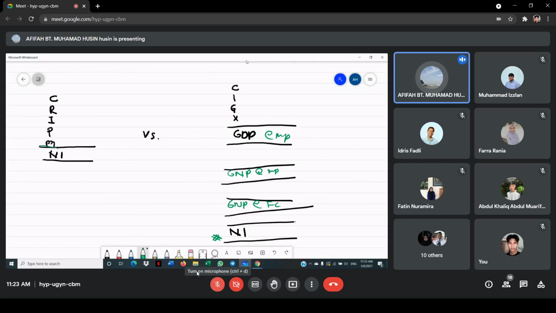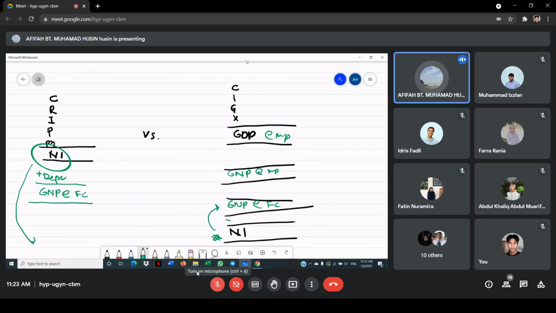So, from NI here, how to get GDP? You gonna reverse of this. NI plus depreciation will give you GNP at factor cost. You reverse.